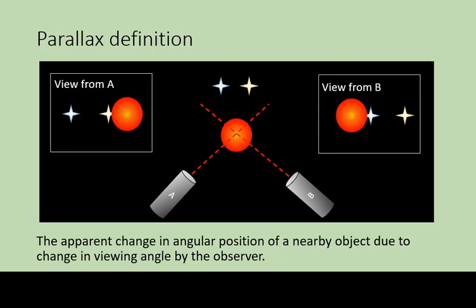In other words, when you as an observer are the one who is moving, then nearby objects will appear in different directions relative to you.